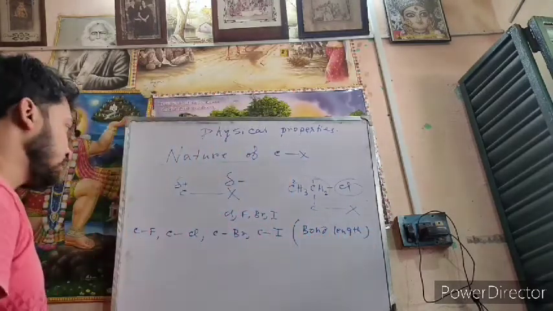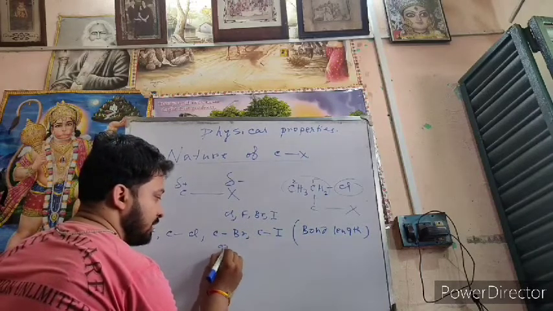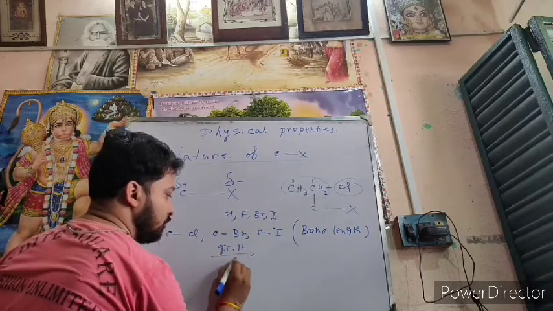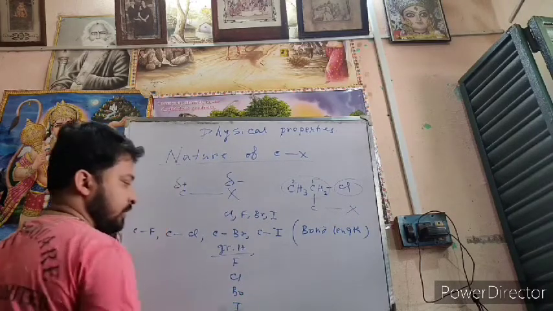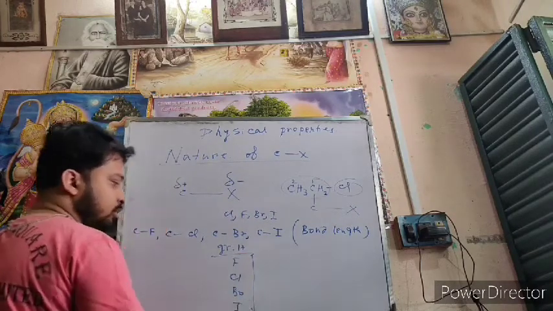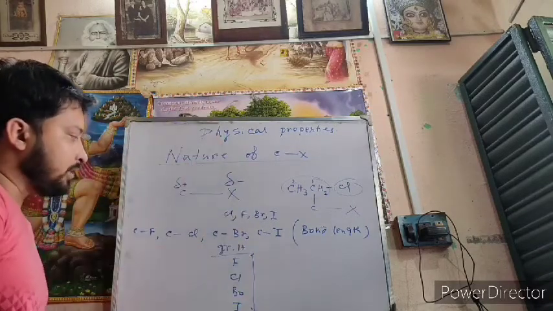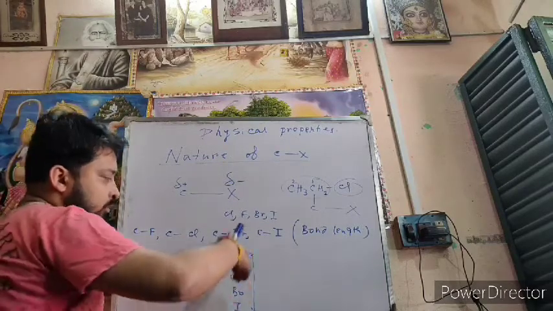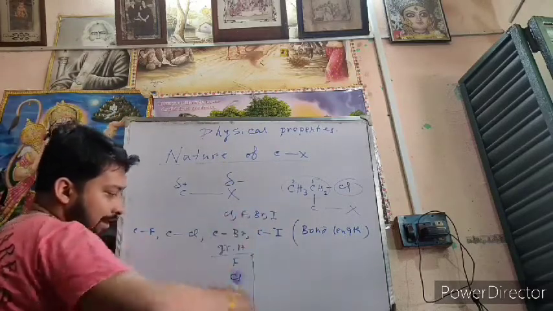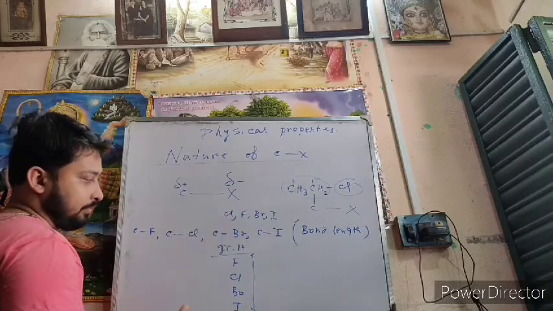Bond length. We know group 17 has fluorine, chlorine, bromine, iodine, arranged down the group of the periodic table. And we know if we go from fluorine to iodine, the size increases.